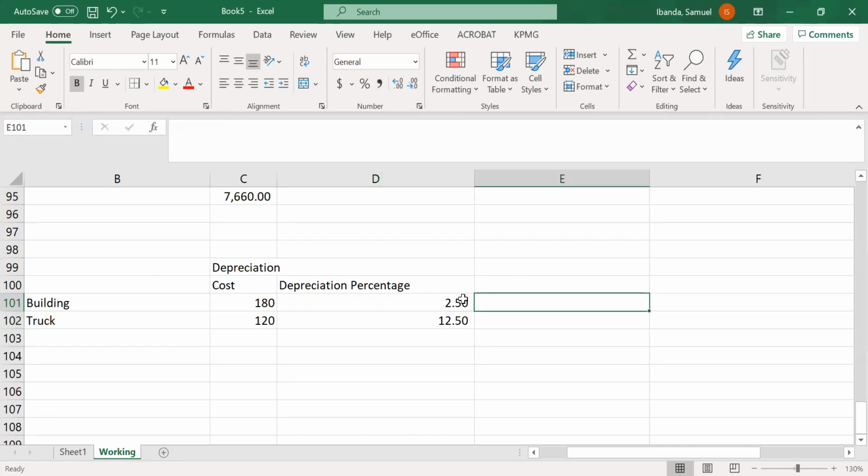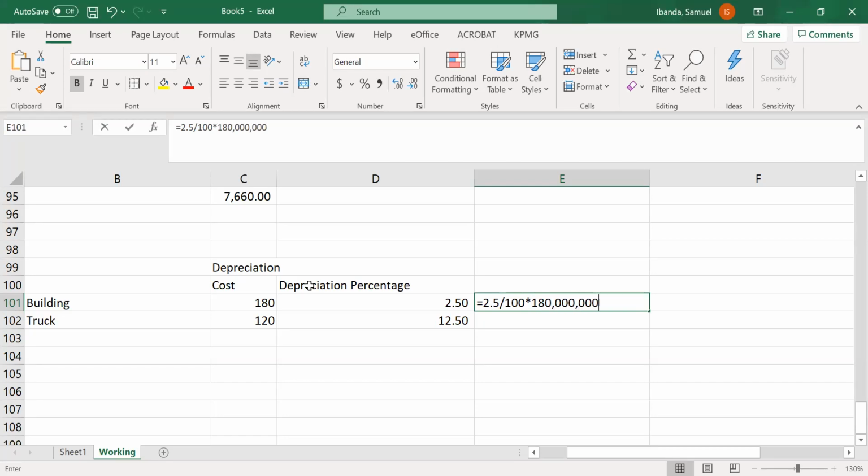percentages, okay? So to calculate the depreciation, it will be 2.5 divided by 100 times the 180 million, which is 180,000.